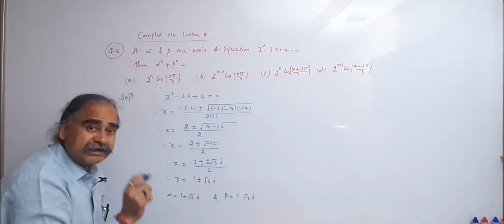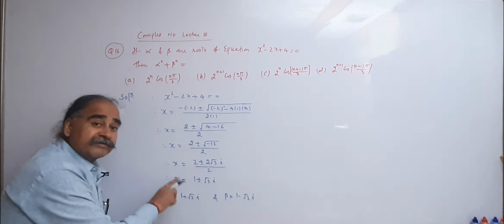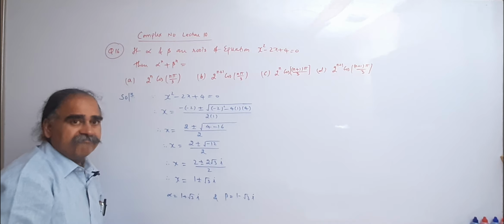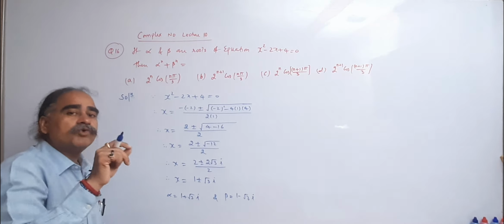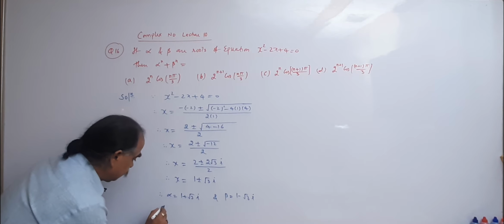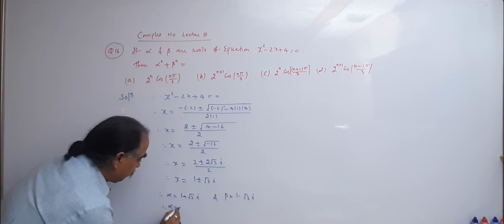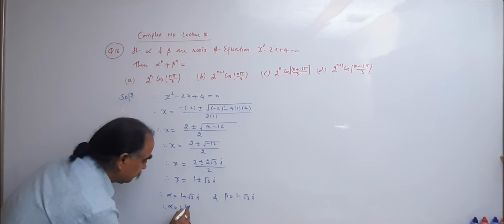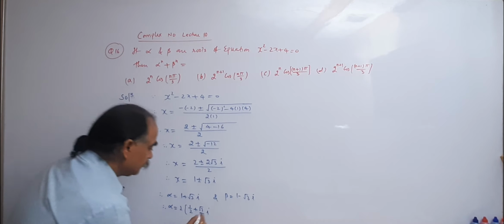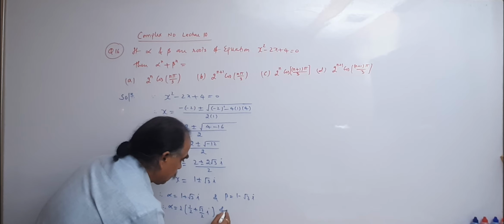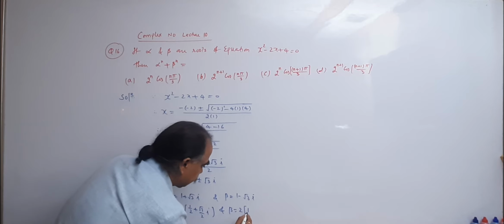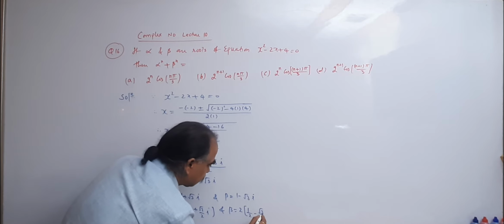In this case, we will multiply and divide by the square root of 1 squared plus root 3 squared, which is root of 1 plus 3, root 4, which is nothing but 2. Therefore, alpha will be 2 times (1 by 2 plus root 3 by 2 i), and beta will be 2 into (1 by 2 minus root 3 by 2 i).